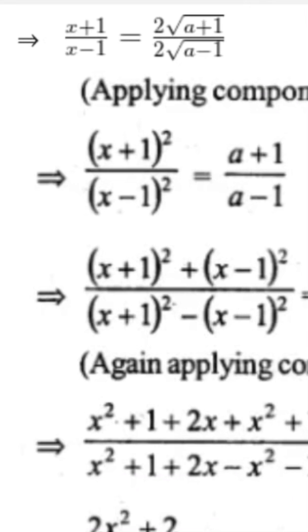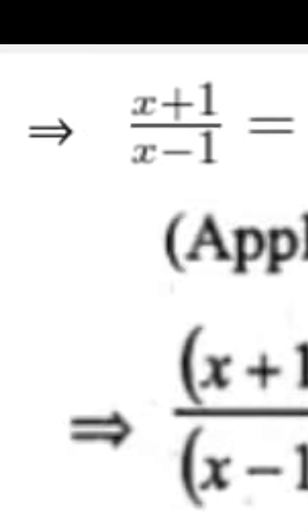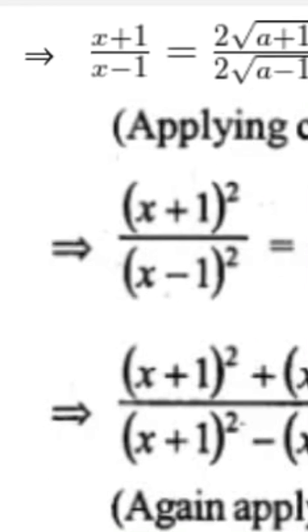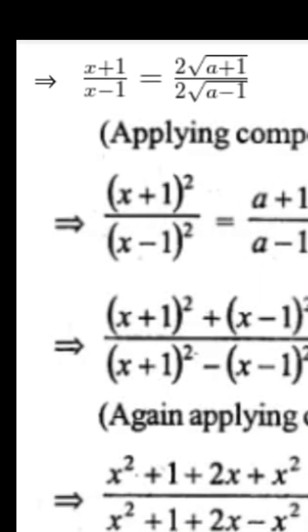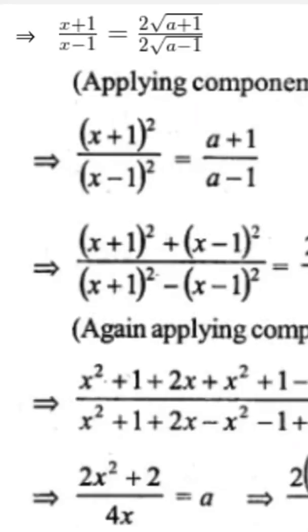Now the moment I apply C and D, what I get is (x plus 1) upon (x minus 1) on the left hand side. Is this part clear? x can be written as x upon 1, and using C and D we get (x plus 1) upon (x minus 1). This was about the left hand side. Let's take the right hand side. Again we apply the same: we add the numerator and denominator, and then subtract denominator from numerator.